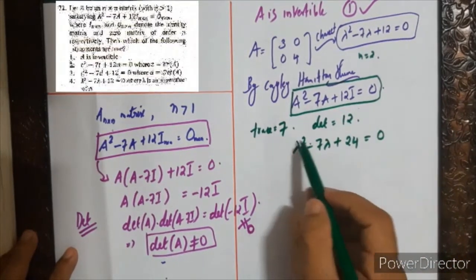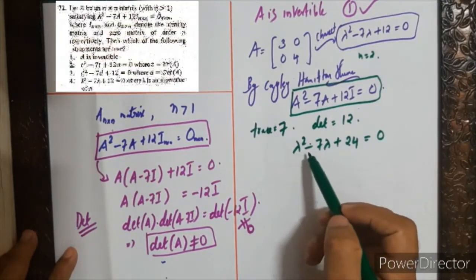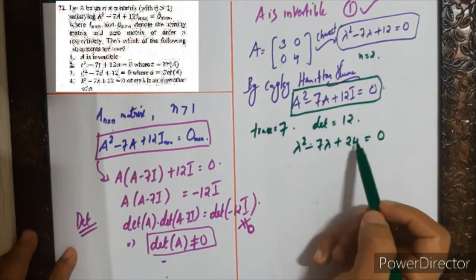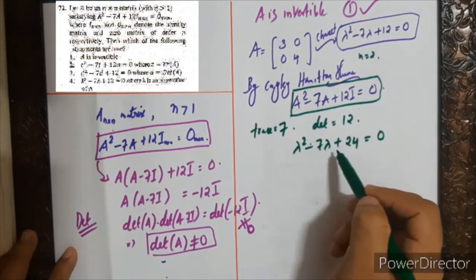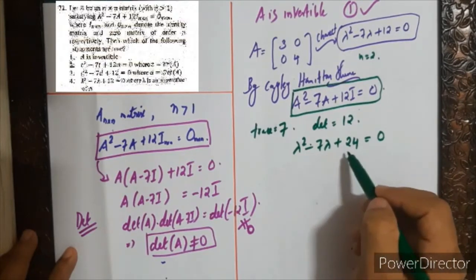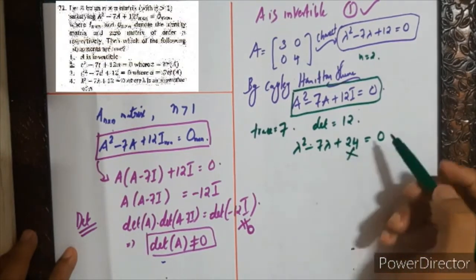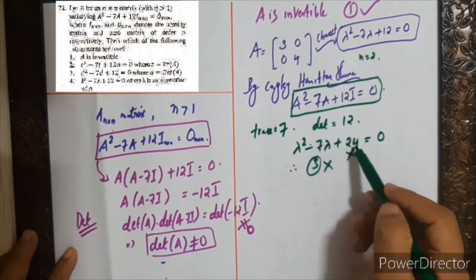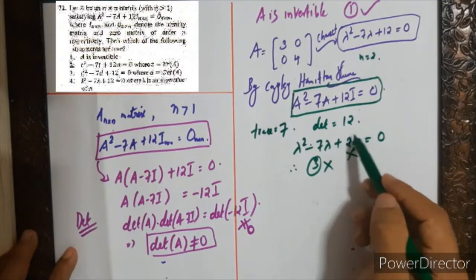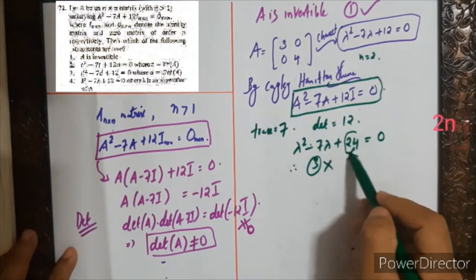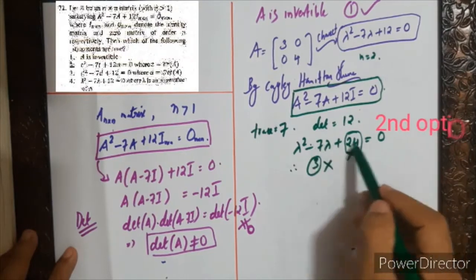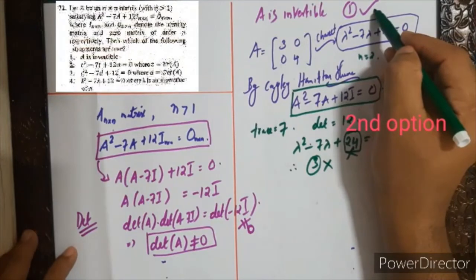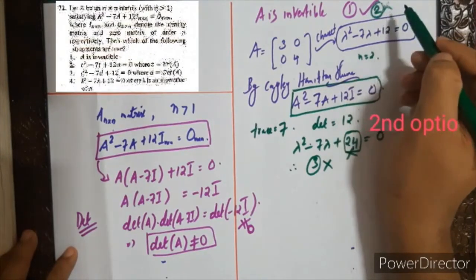Now check whether 7 is a root of this polynomial. Here 7 is not a root of this polynomial. Therefore this option is false, because 7 doesn't satisfy this. If it satisfied, then 7 must divide 24, but 7 doesn't divide 24. So the second option is incorrect.